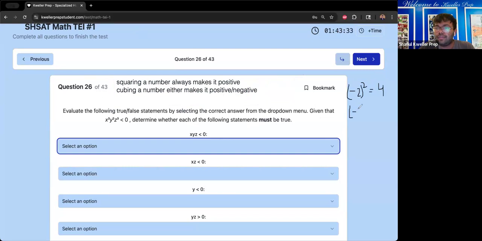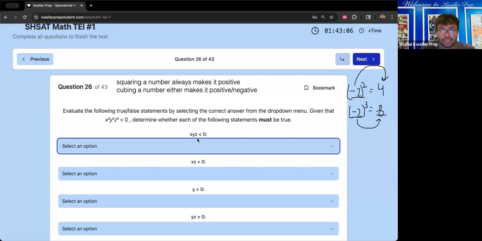And then -2 cubed is equal to -8. So when you cube a number, it keeps the same negative value. You see how with -2, the negative still stays. But when you're squaring a number, it always makes it positive.